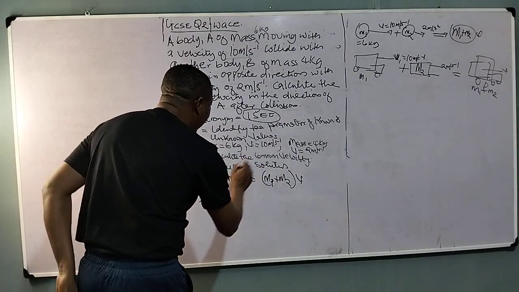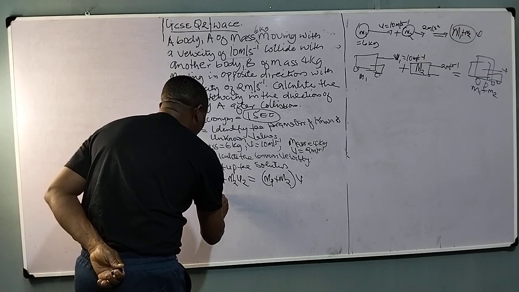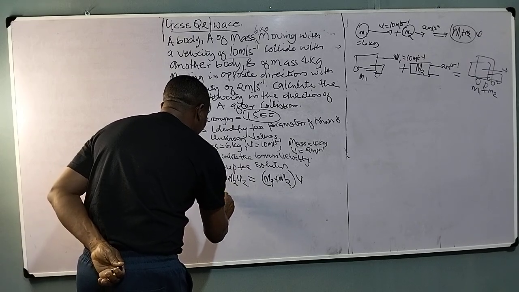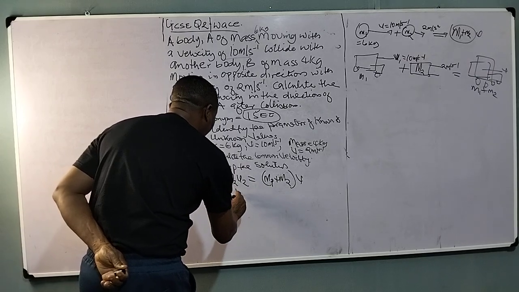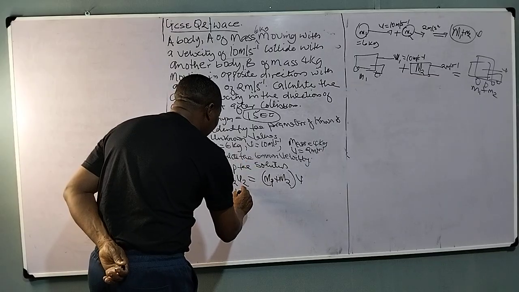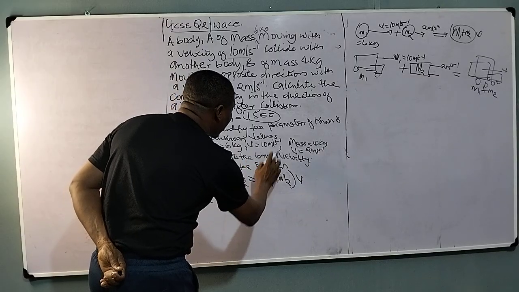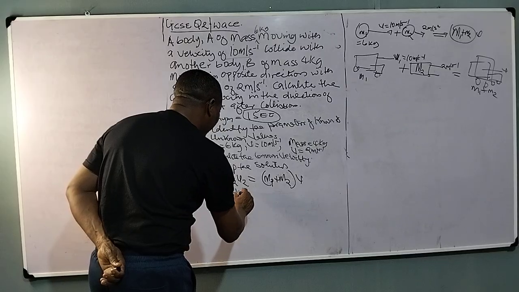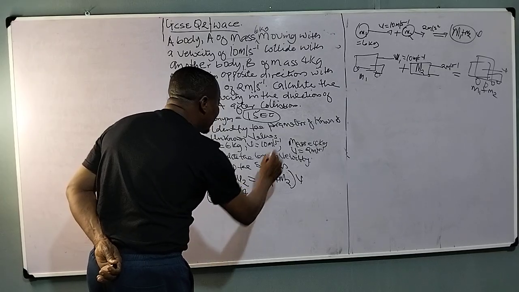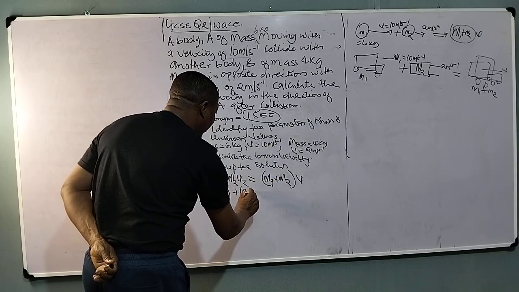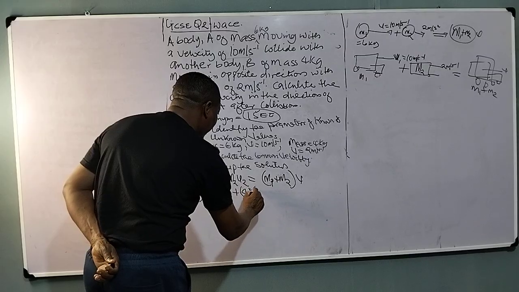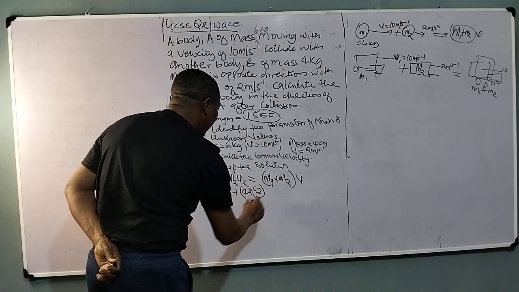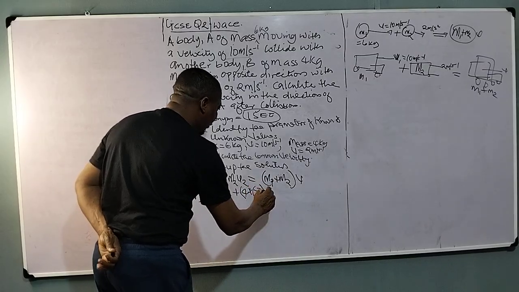m1 is 6 times u1 is 10. That is the velocity, plus m2 is, what? Let's check. What is m2 we have? m2 is 4, which is the mass, 4 kg. Then u2 is what? Times minus 2 because it is in the opposite direction.